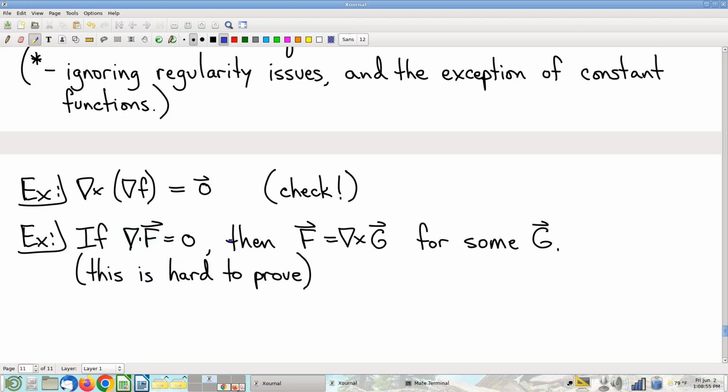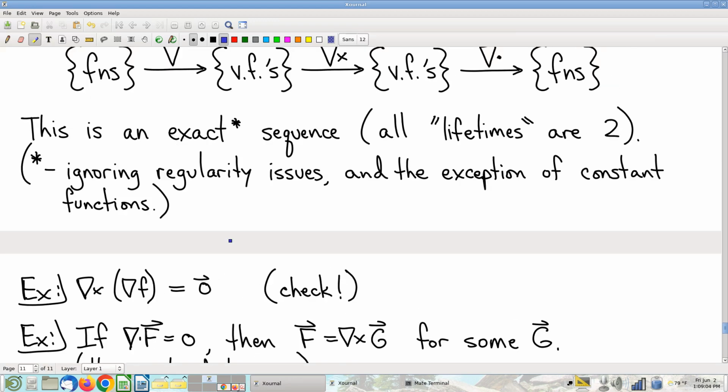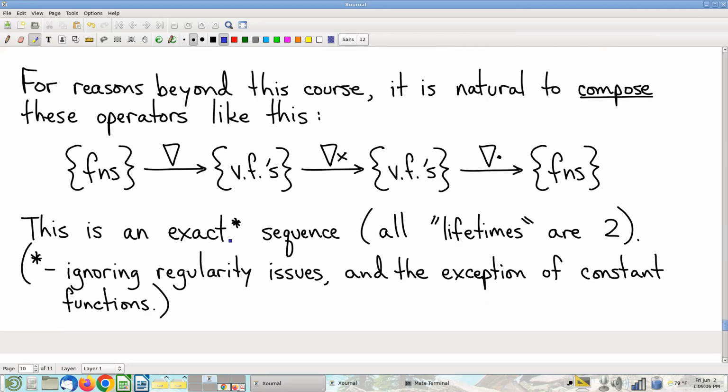And there are various other relationships between gradient, curl and divergence. I like to unify them all in the following sense. There are some really deep ideas that I'm not going to be able to talk about in this class. Extremely deep.